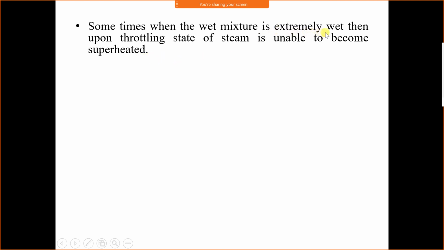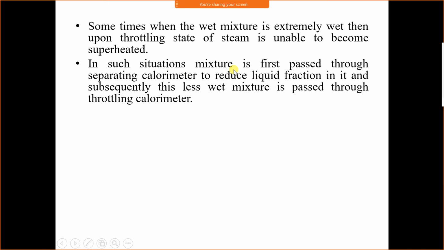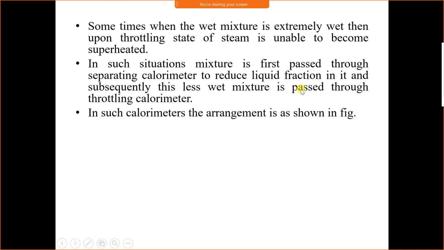In such a situation, the mixture is first passed through the separating calorimeter to reduce the liquid fraction in it, and subsequently this less wet mixture is passed through the throttling calorimeter, so that the liquid part can be removed and less wet steam enters the throttling calorimeter.